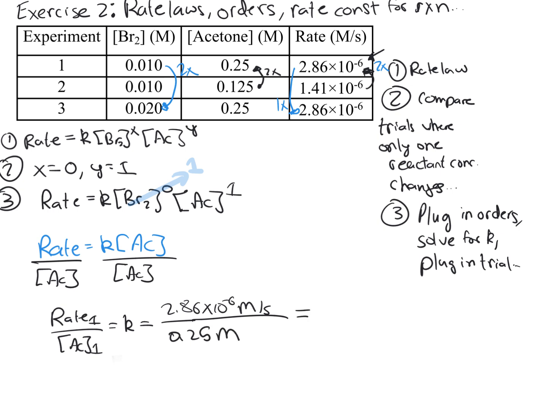Keeping track of units, since the order of the reaction determines the units here, molar will cancel. And my units are just 1 over second. And the value is 1.1 times 10 to the negative 5th. So that's the full solution here. On a quiz or exam, you could check by plugging in other trials, but that's the process. Once you get the hang of it, this should be a process that you can reliably carry out on the quiz, in lab, and on the exam.